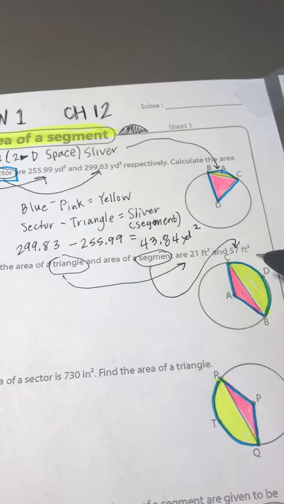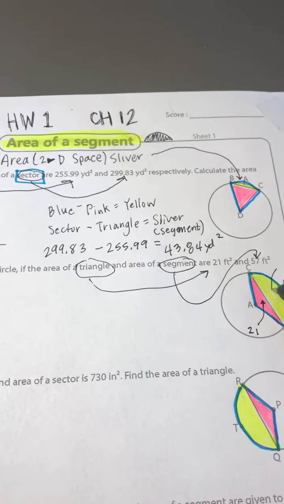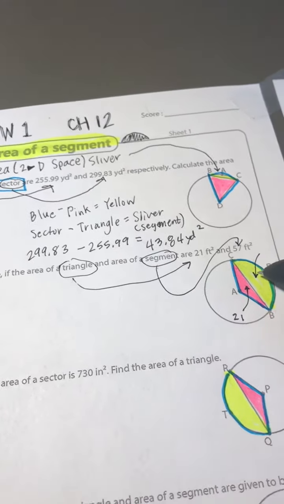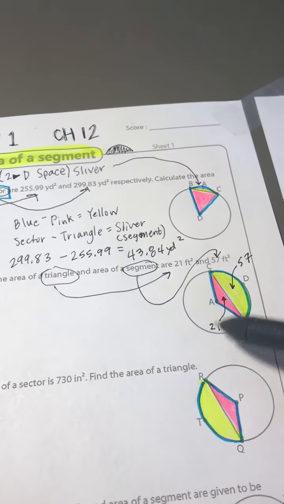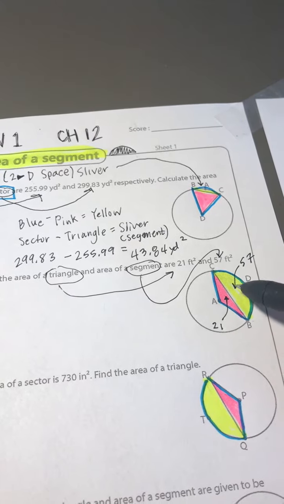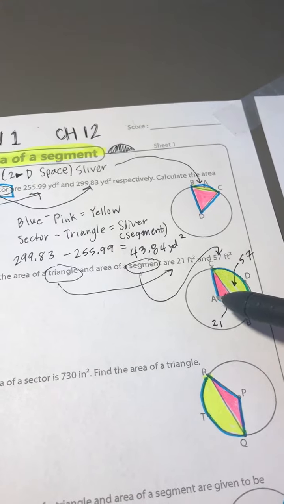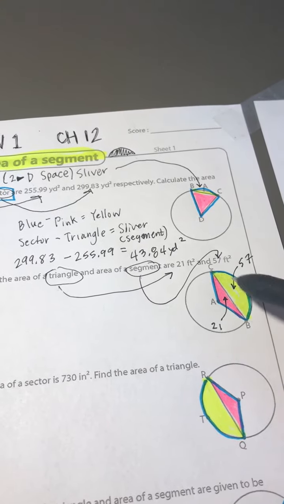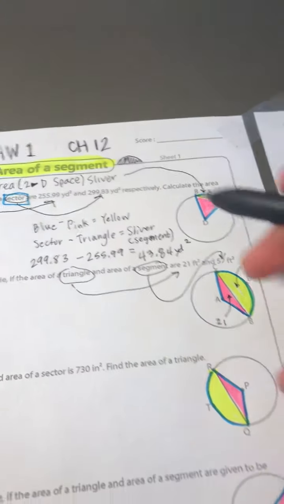So they're telling us the area of this triangle is 21 and the area of this yellow portion is 57. So logically here, if we know that there's 21 units in the pink area and 57 in the yellow, we should be able to add together to combine these two to make the whole blue area.